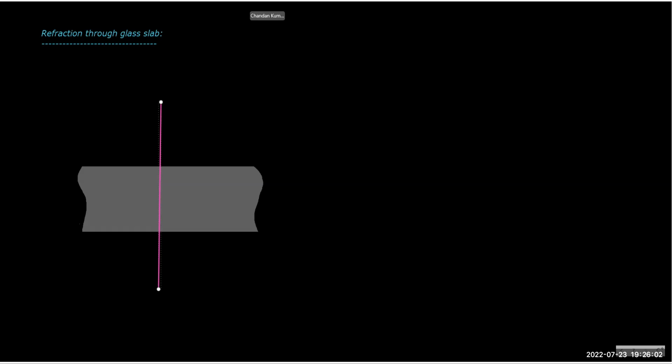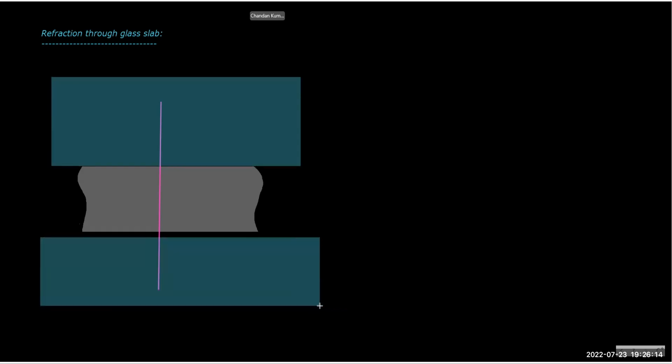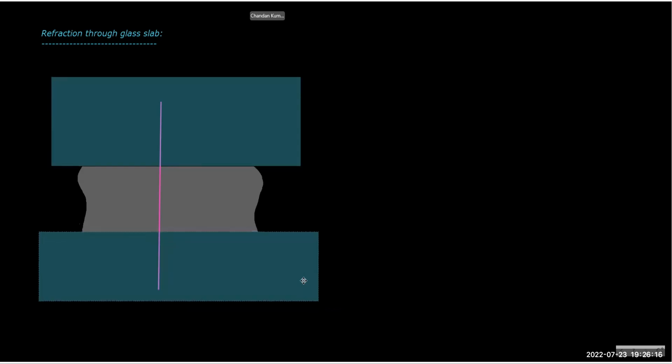So imagine we have a medium which is surrounding the slab. So I always want to derive the formula in general, not only for the situation which is called the air and medium interface. So always try to make it in general.